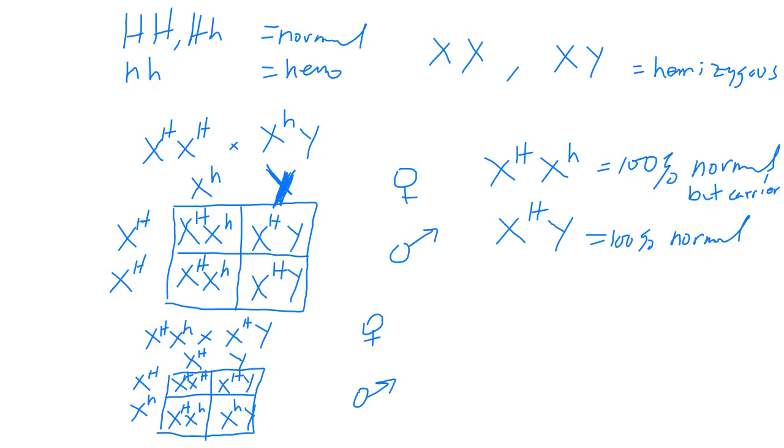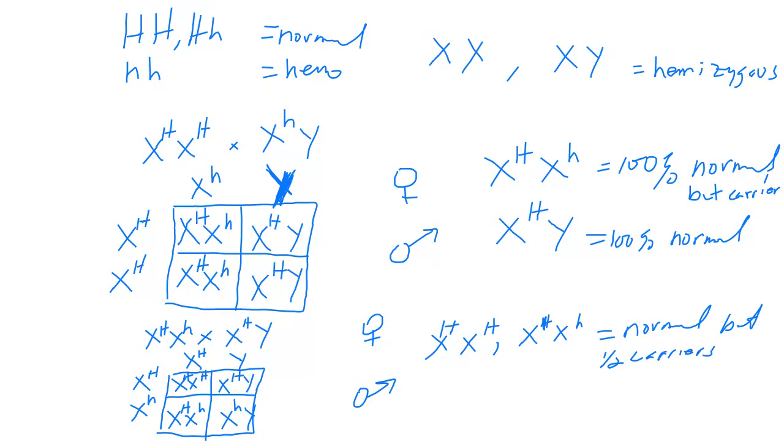So for the females, they're all normal, but half are carriers, right?